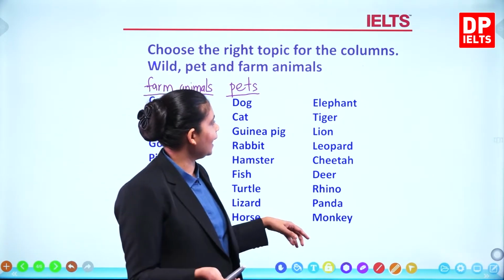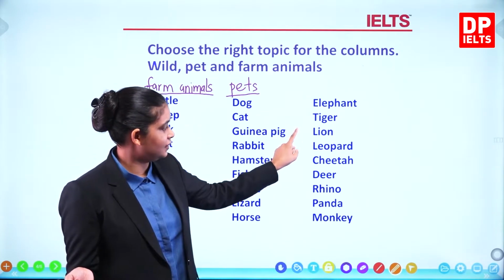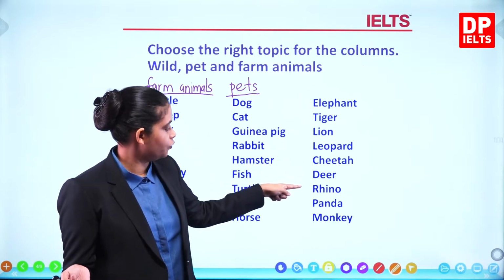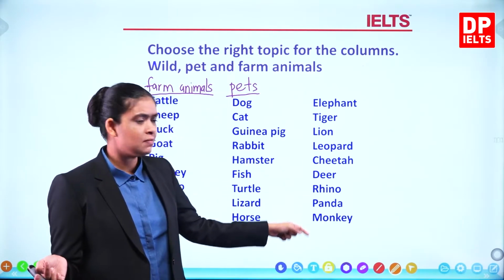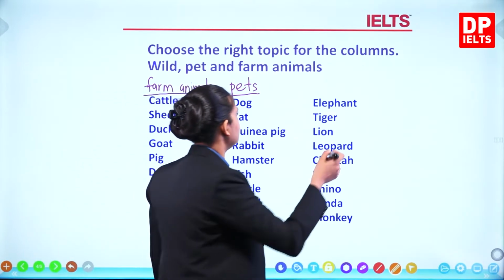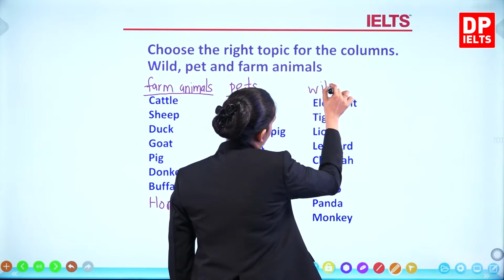Next, we have the elephant, tiger, lion, leopard, cheetah, deer, rhino, panda, monkey. Now these kind of animals, do we keep at home? No, right? They're in the wild, so we call them wild animals.